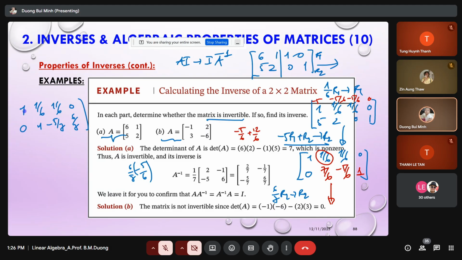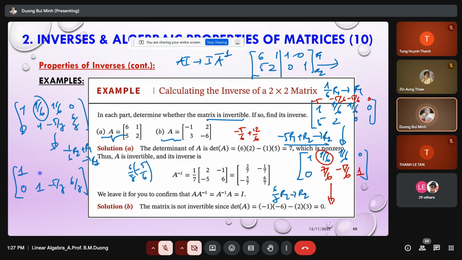And then here you get 6 over 7. Now we would like to make this one become 0, so we multiply minus 1 over 6 with R2 plus R1 replacing R1. So here you get 0, 1, minus 5 over 7, and this one is 6 over 7.